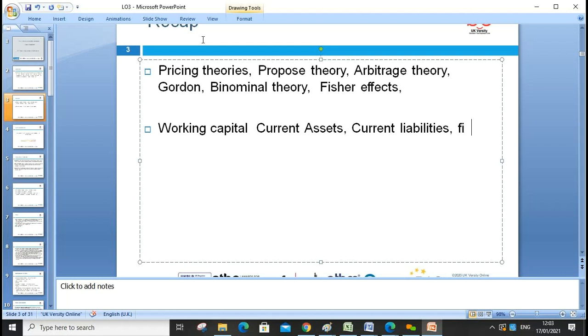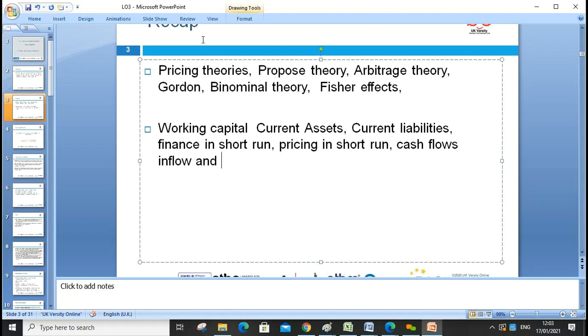We discussed finance in the short run and pricing in the short run. We discussed cash flows, and flows can be inflow and outflow.